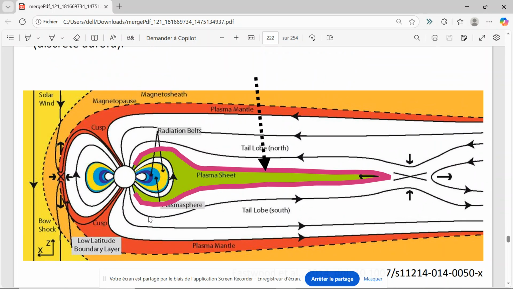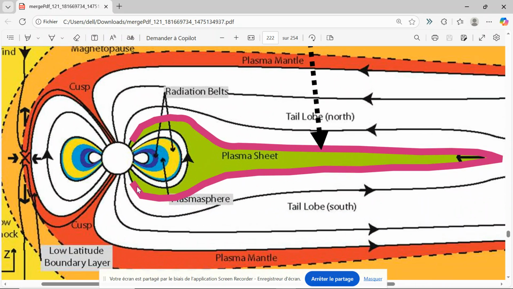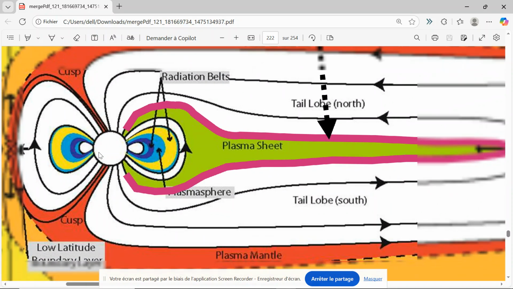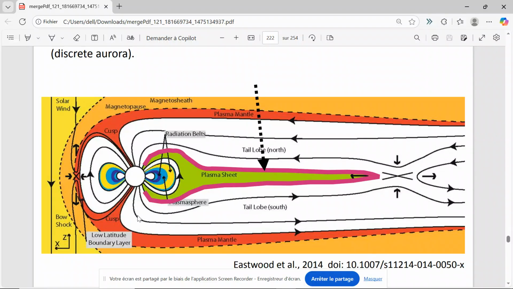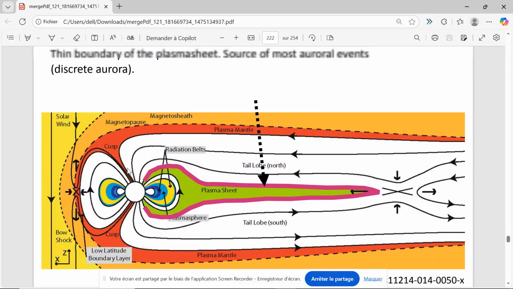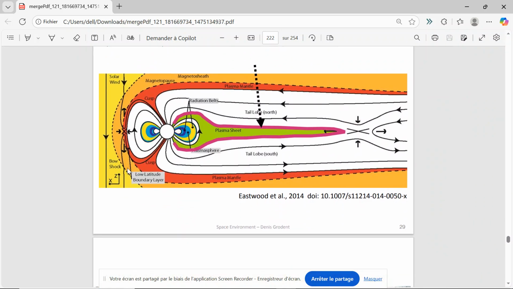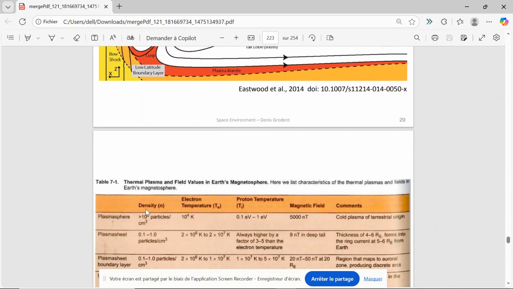This is where the gradient of the magnetic field is the least sharp, allowing for the mirror points. We have a large loss cone right here because the gradient of the magnetic field is not that large, allowing the particles to enter and creating the auroral events.